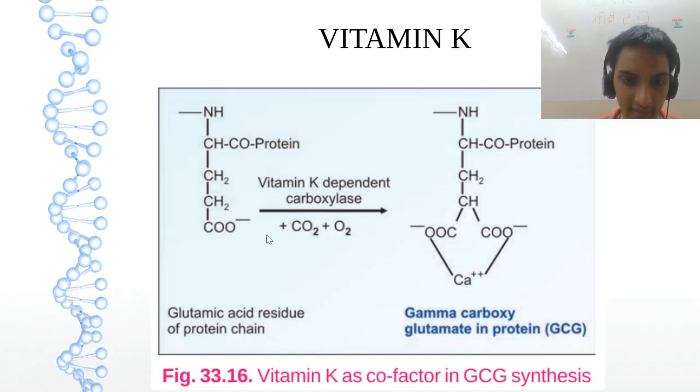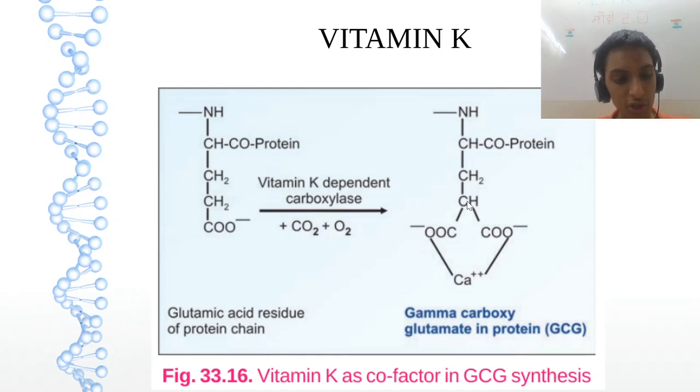Let's see the vitamin K role in blood clotting. What is happening? This is the glutamic acid associated with the protein. When the carboxylase is acting, there is a formation of gamma carboxyglutamic acid. And this will go and bind to the injured spot.